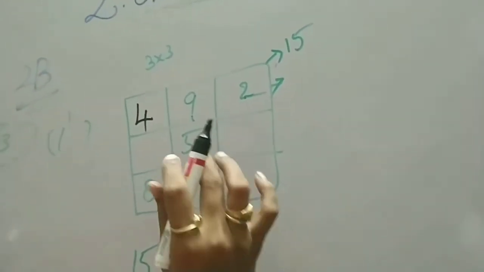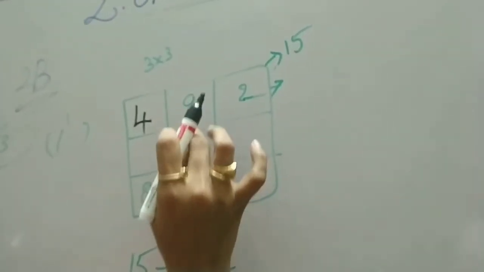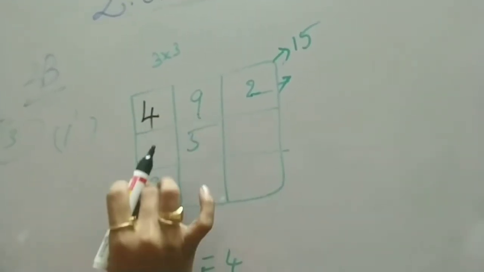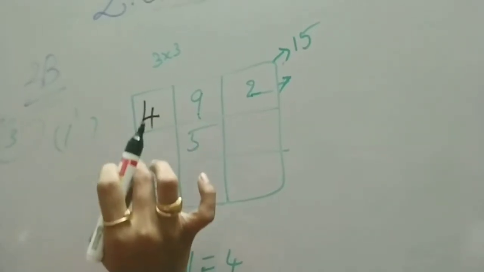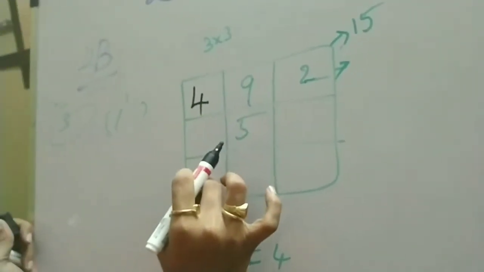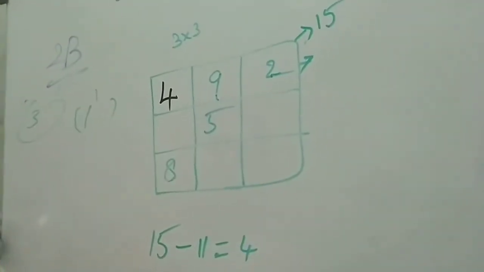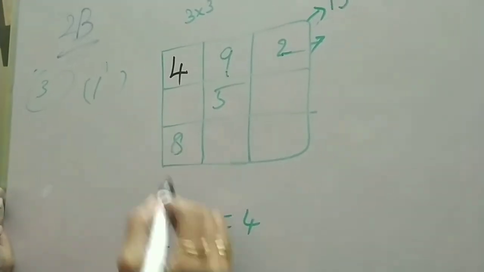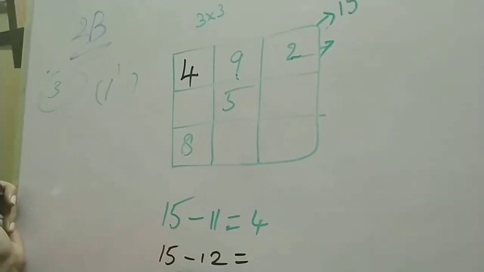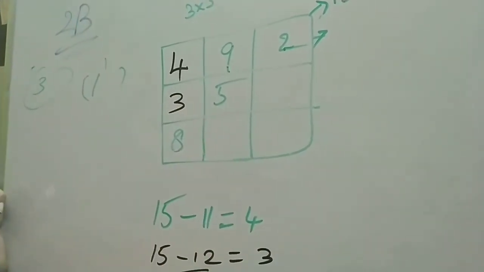In that way you have to find out. We will complete this one first. 8, 4. We have to find out this one. Add 8 plus 4, 12. 15 minus 12, 3. So your number is 3 here.